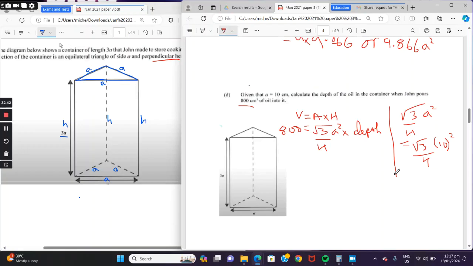Press root, put the 3, put the open brackets, put 10, close brackets, and the square. And then divide it by 4.